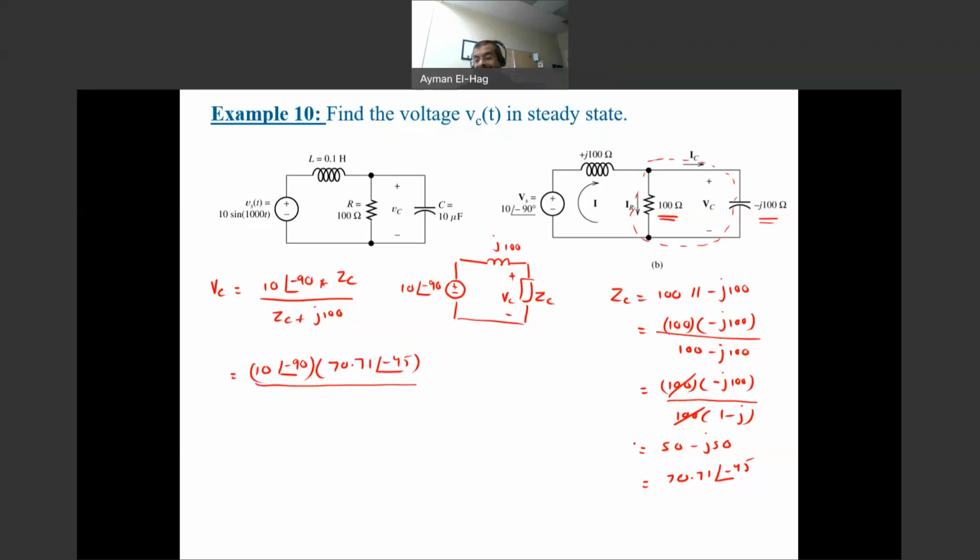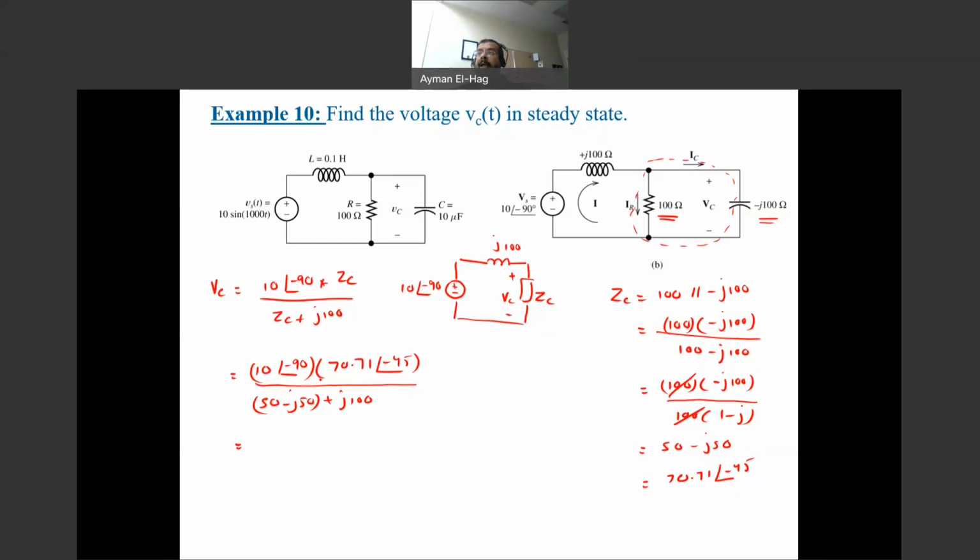Now I will keep ZC in rectangular because here I'm adding. When you add, it's better to keep it in rectangular. This is why I have it in both rectangular and polar. So ZC now is 50 minus j50 plus j100.